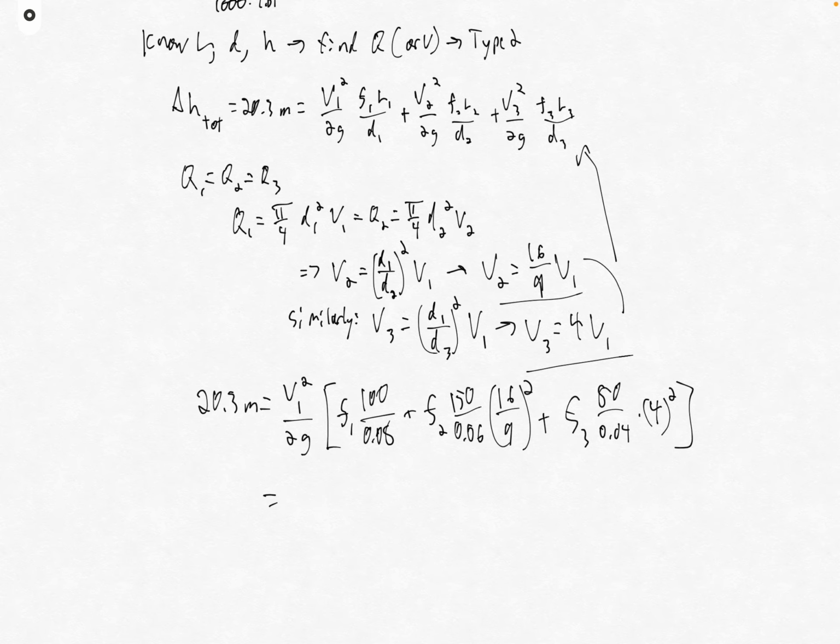So if we work that out, we can put this into a form that's just a little bit easier for us to iterate on. So we're going to have that 20.3 times 2 times 9.8 is 398, and that's going to be units of meters squared per second squared.